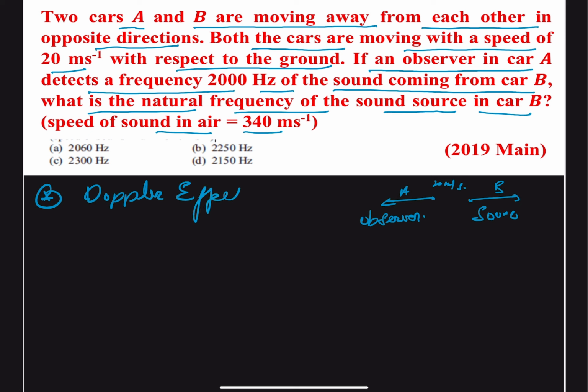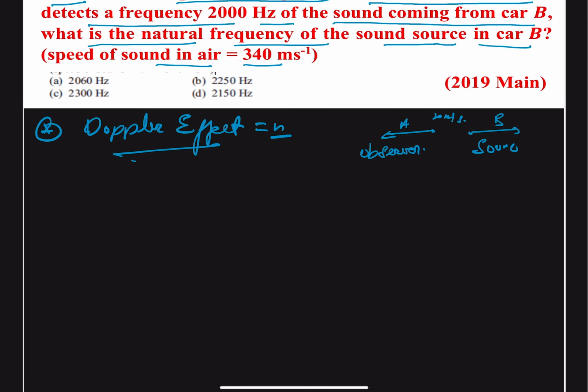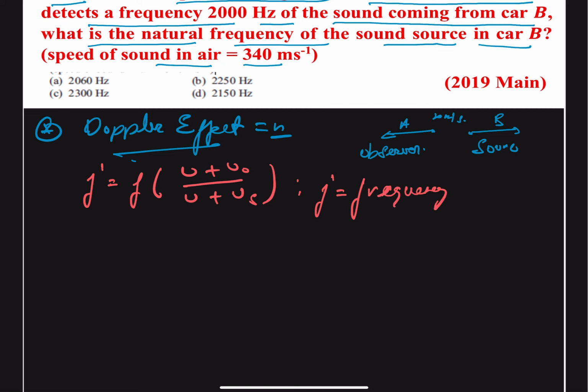Doppler effect equation, and this gives us that f prime will be equal to f times v plus v naught, divided by v plus vs. Here f prime is our observed frequency by car A. You can say f prime is the frequency observed by car A, and that is our 2000 Hz.